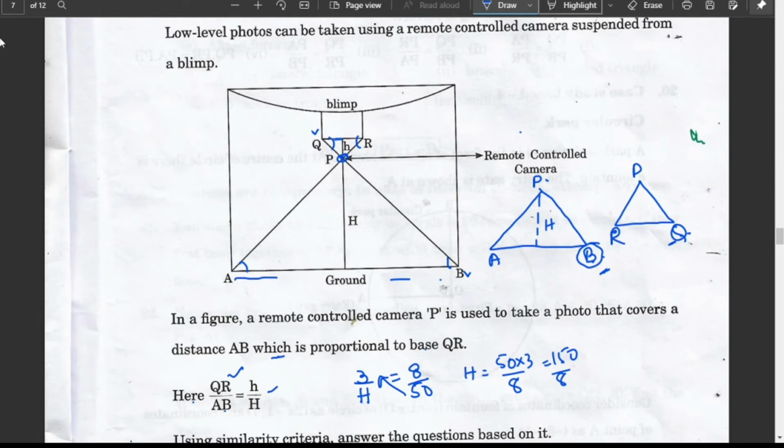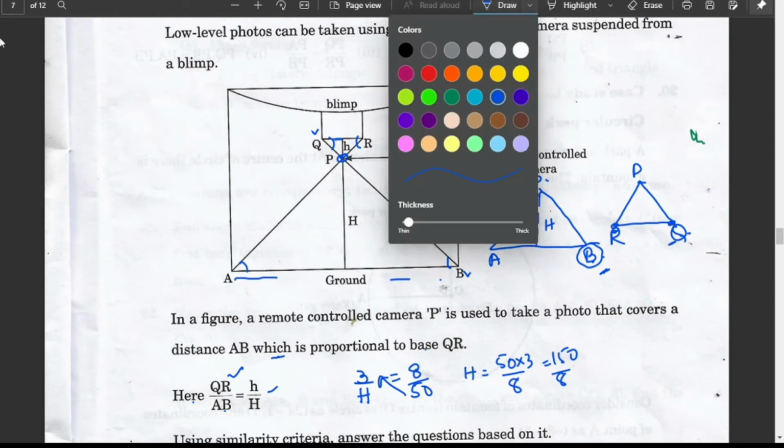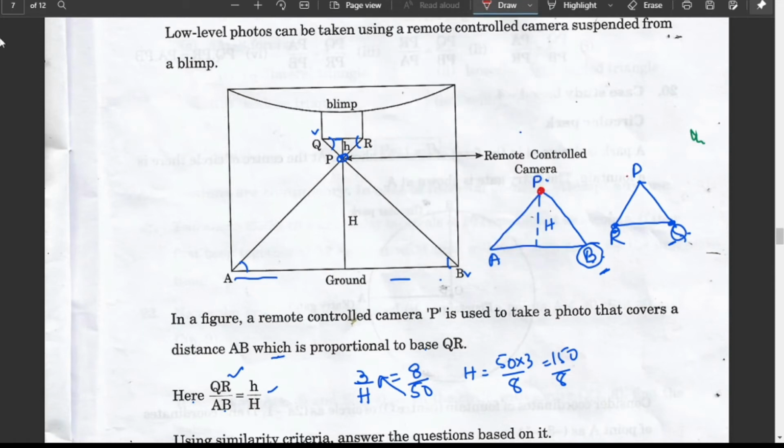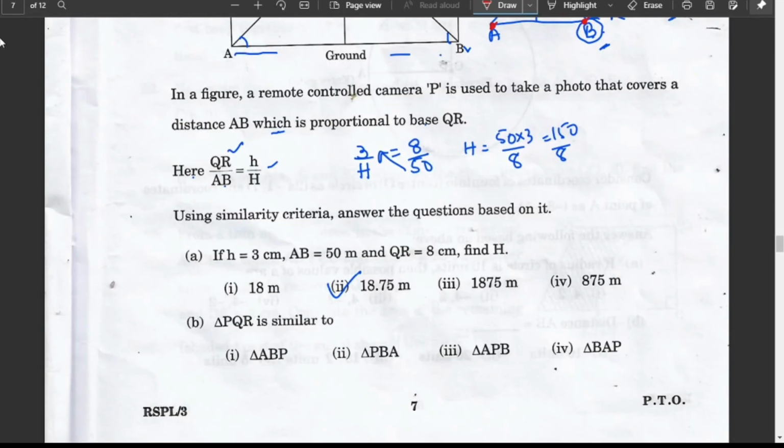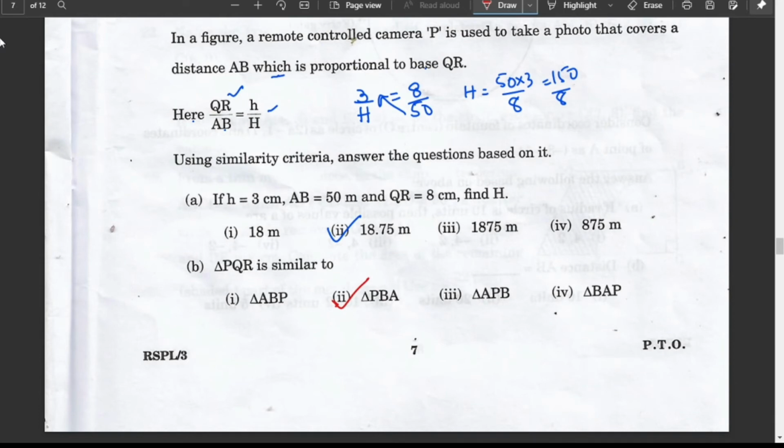Now the question asked here is PQR is similar to which one? PBA. So you come in the same order, PQR, PBA. Check the option. Yes, option 2, PBA.